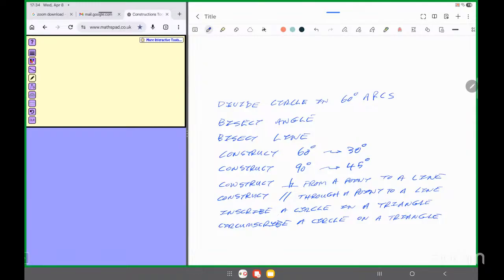And then you have to be able to construct a triangle given 3 sides. That's what I remember we have to be able to do for this stuff.